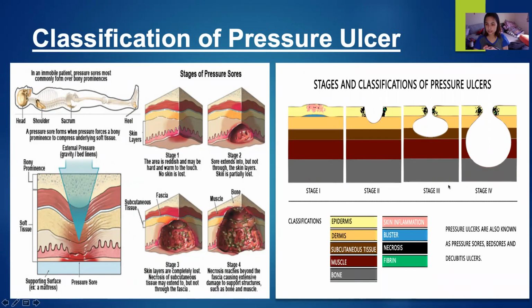Stage 3, it's from epidermis until your subcutaneous tissue. This is brown color. And then stage 4, it's from epidermis until the bone, muscles and bones. So it's very easy if we know what are the layers of the skin, we can know what stage of pressure ulcer our patient is having.